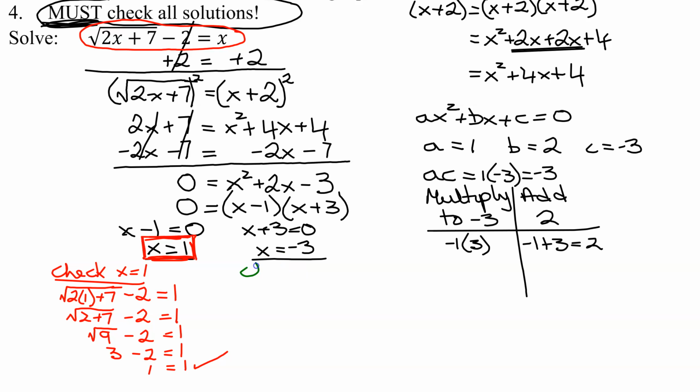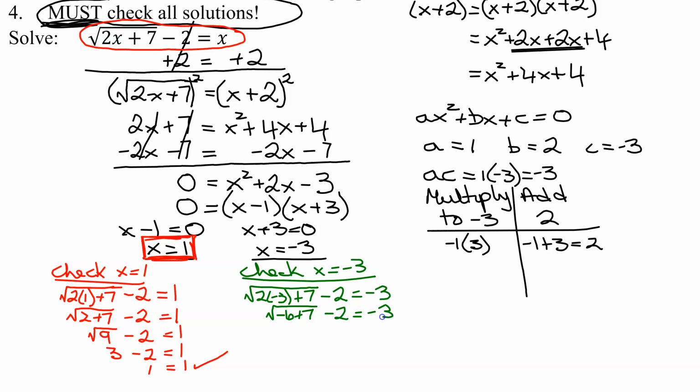Now let's check x equals -3. Plug it back into the original equation again. So I get the square root of 2 times -3 plus 7 minus 2. Does it equal x, which is -3? So this is the square root of -6 plus 7 minus 2.